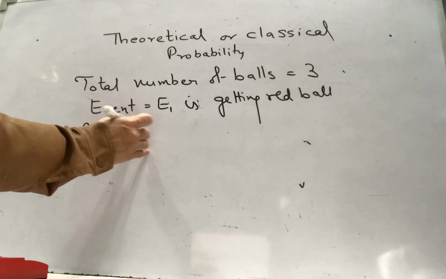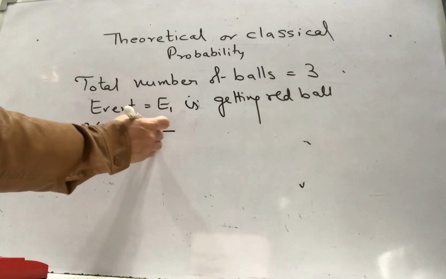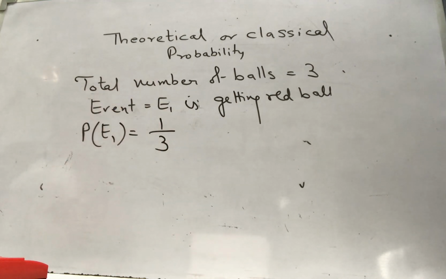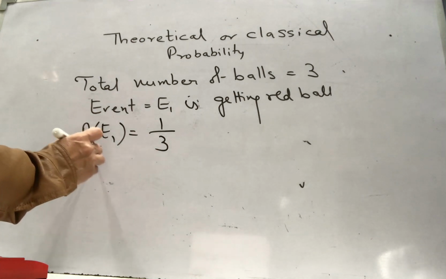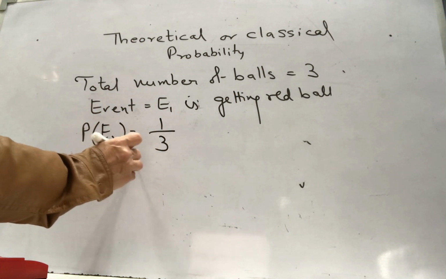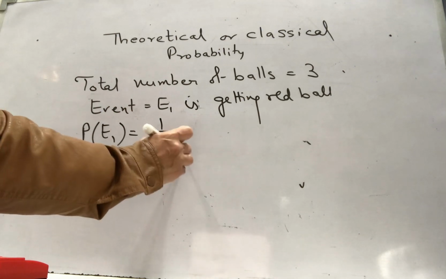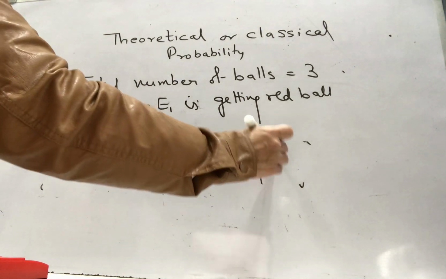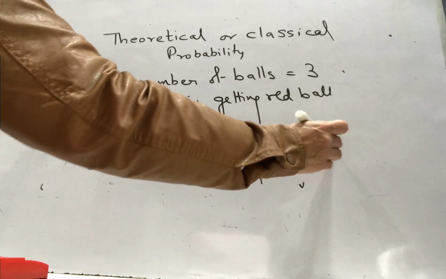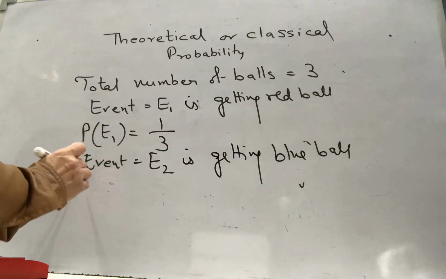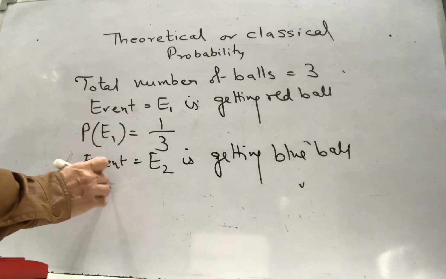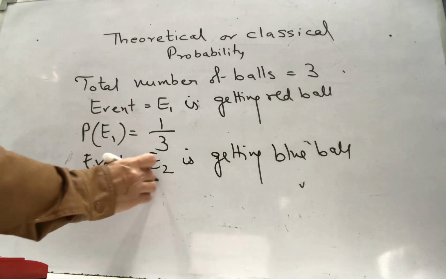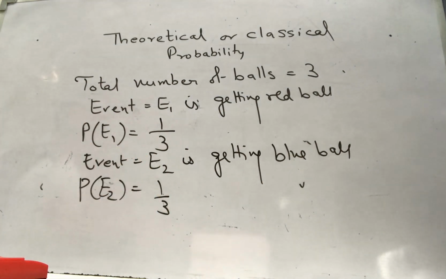The probability of E1 will be 1 red ball out of 3. If my event, which I take as E2, is getting a blue ball, then the probability of this event will be 1 by 3.